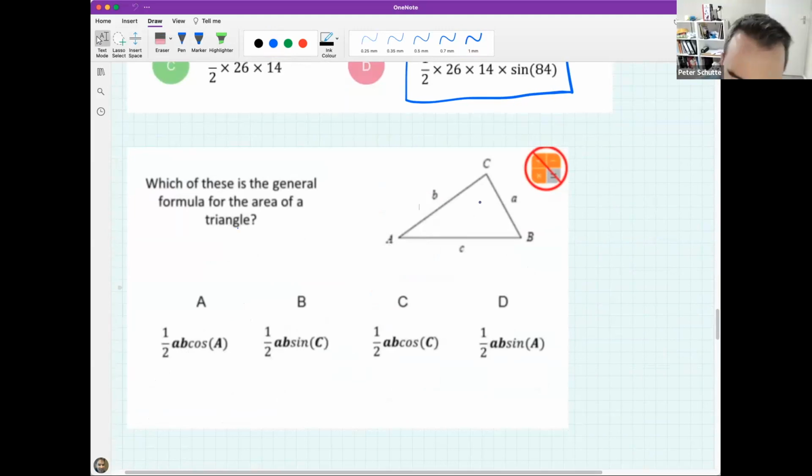I want you to think about which one fits the rule that you've been learning about today. So what am I looking for?